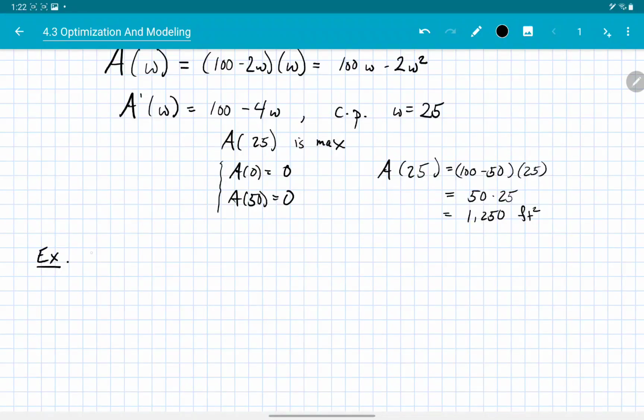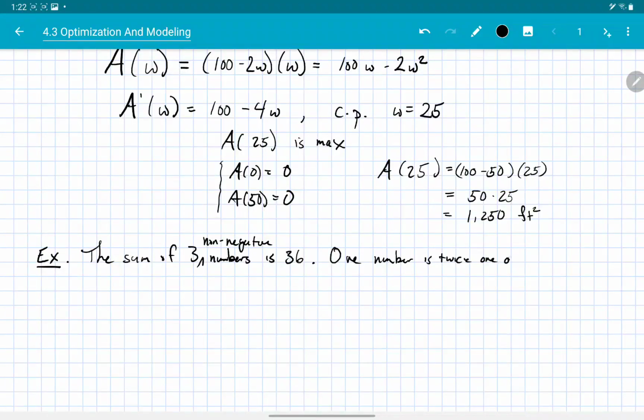Here's the question. The sum of three numbers is 36. And I forgot this, non-negative numbers. One number is twice one of the others.